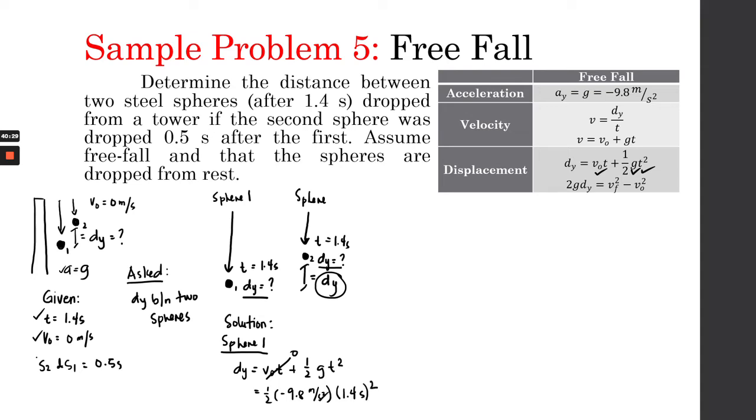So we will be able to cancel the seconds, and that would give us the distance traveled by sphere 1: negative 9.6 meters. Again, it's negative because the point of release is on top of the distance traveled, so everything below that should be negative. So we have negative 9.6.